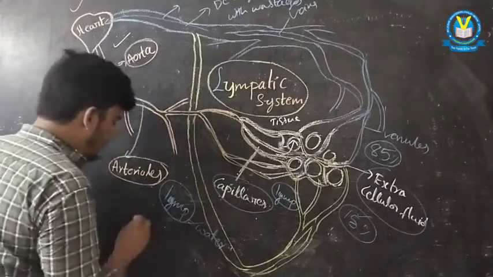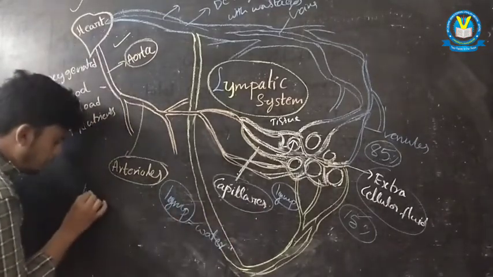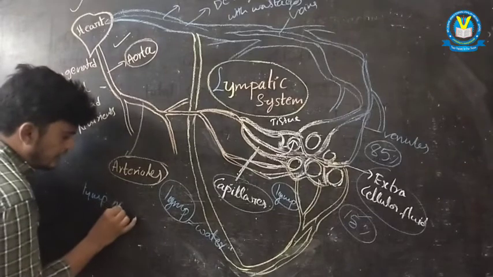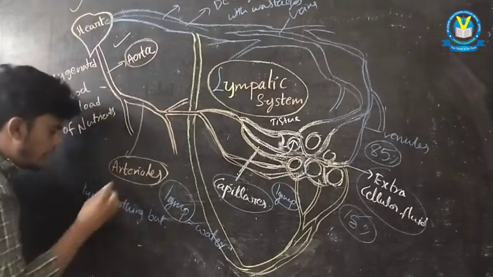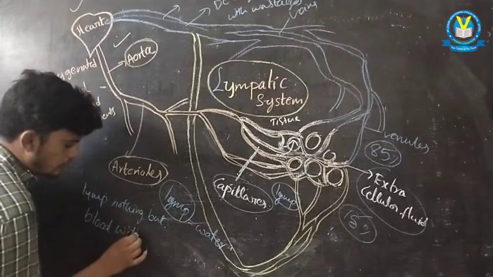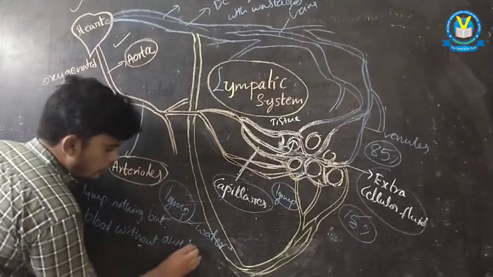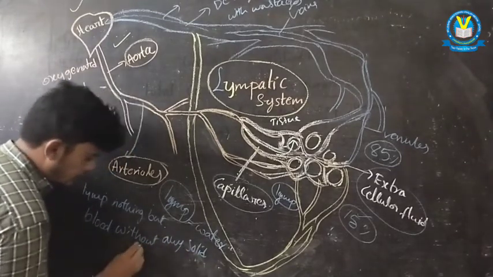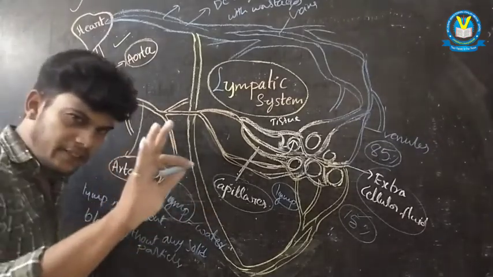So what is the difference between lymph and blood? Lymph is nothing but blood without any solid particles. That is the difference.